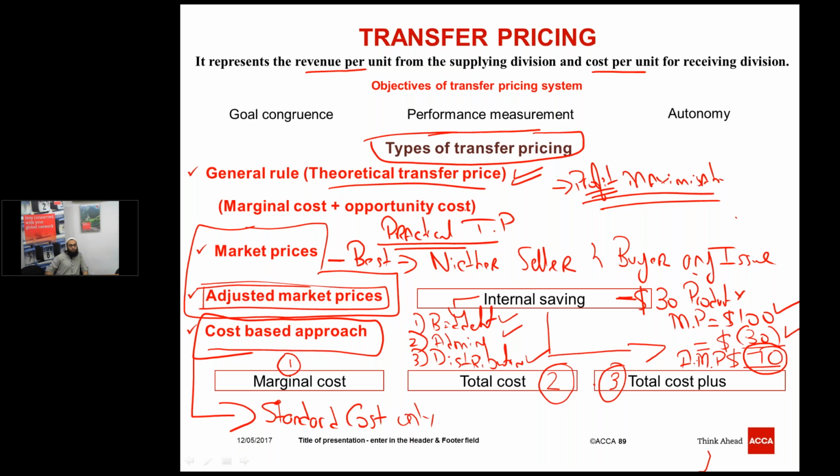Marginal cost. So my dear friends, if the transfer price is set at marginal cost, now what marginal cost of which division? Obviously the selling division.